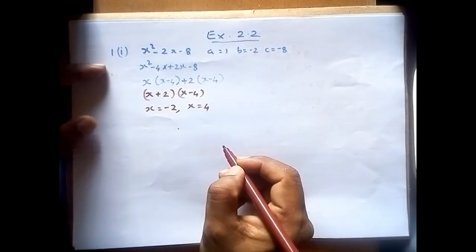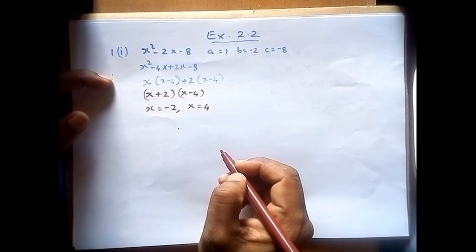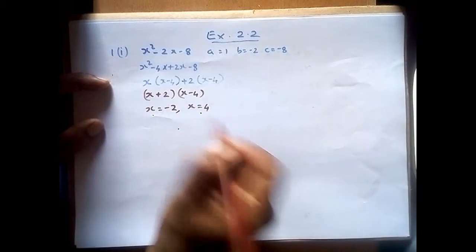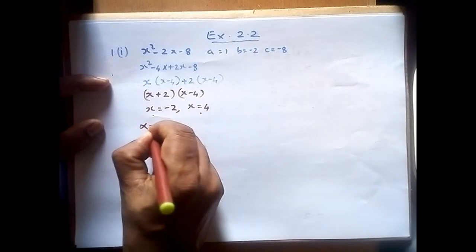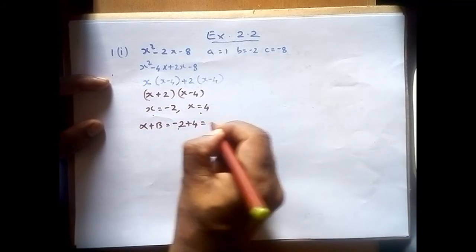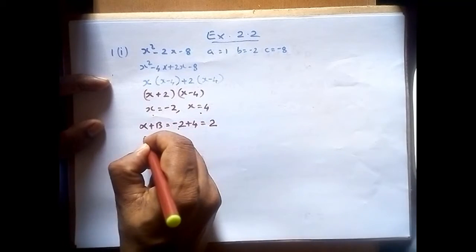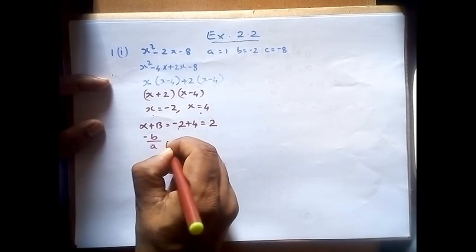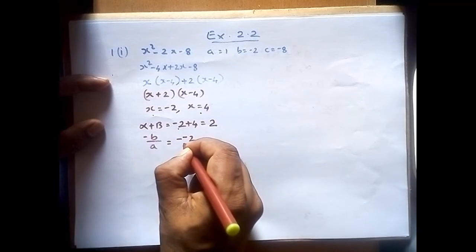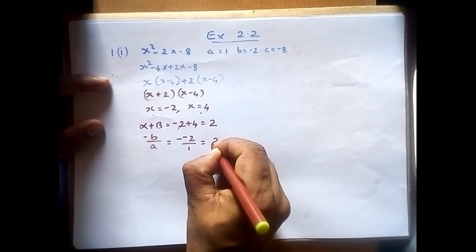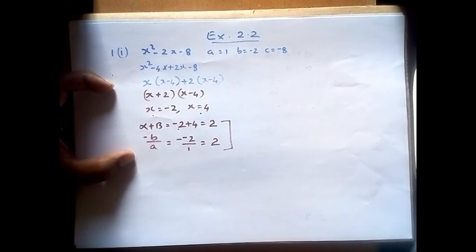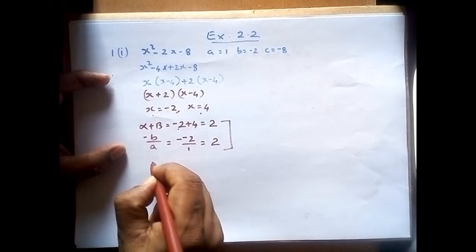Now what do we have to prove? We have to see the relation between the coefficients and the roots. So these are alpha and beta. Alpha plus beta is equal to −2 plus 4, that is equal to 2, and −b/a is minus of −2 divided by 1, that is 2. So we have proved that alpha plus beta is equal to −b/a.